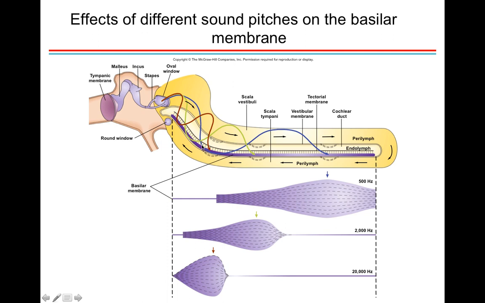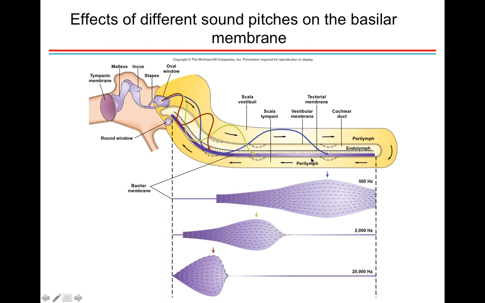It's going to travel a bigger distance than the higher frequency pitches would. So here the 500 hertz is going to go further, okay? And then it's going to be deforming the different hairs in different locations of the duct.